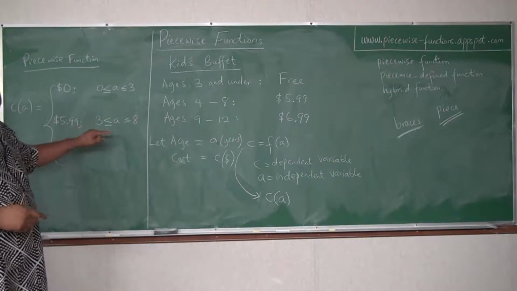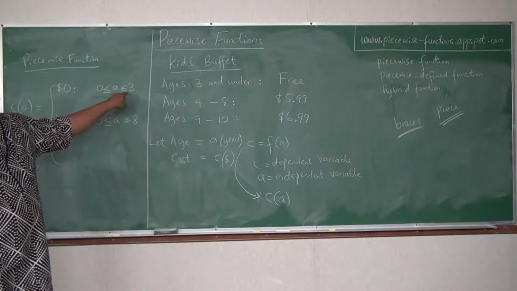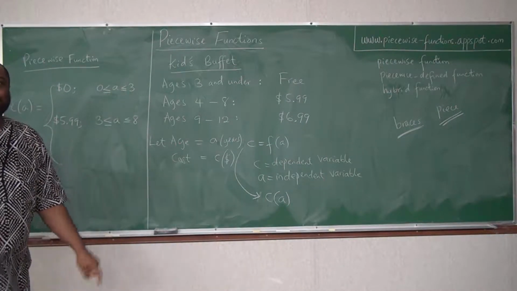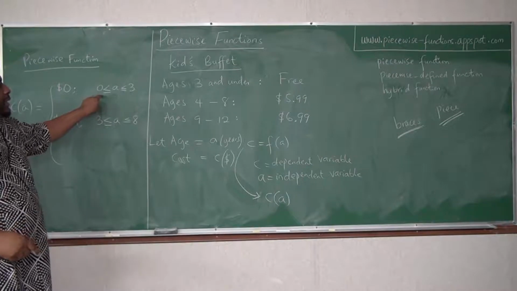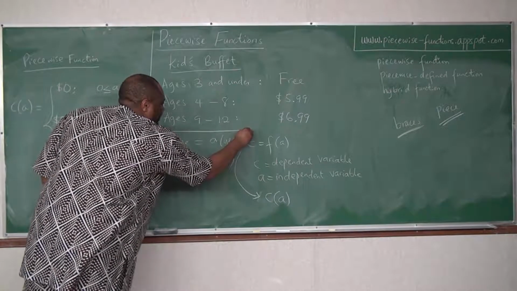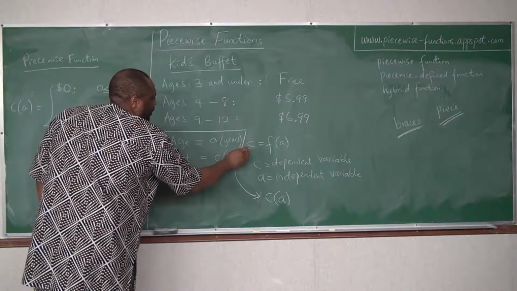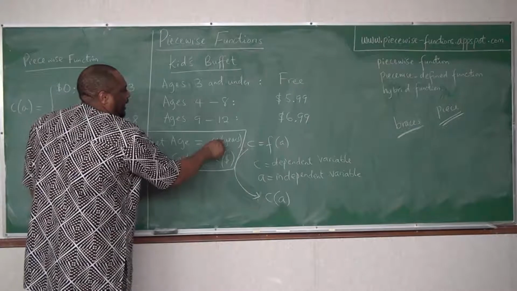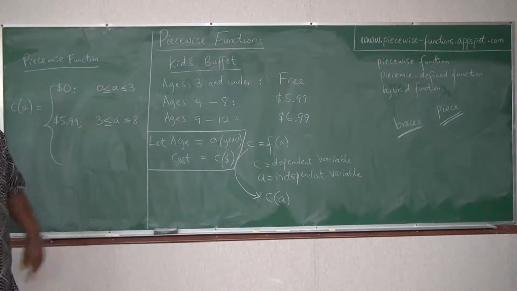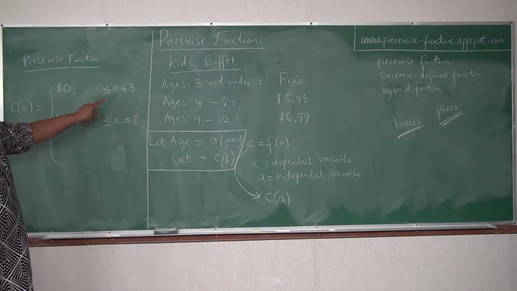This is wrong, because the equal to means that 3 is included. 0 is included, and 3 is included. Remember, we defined this as A in years. So that's why I put 0.